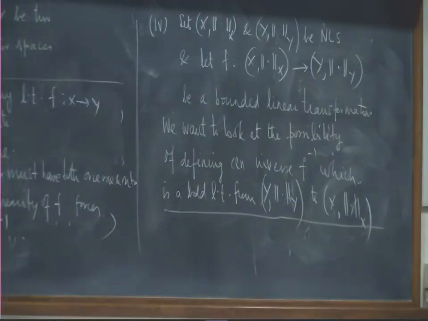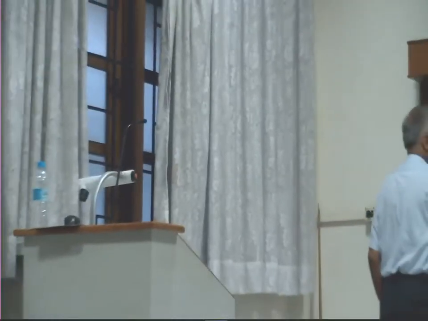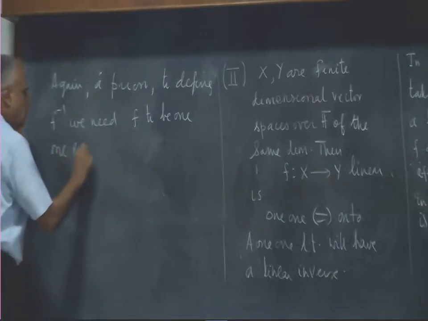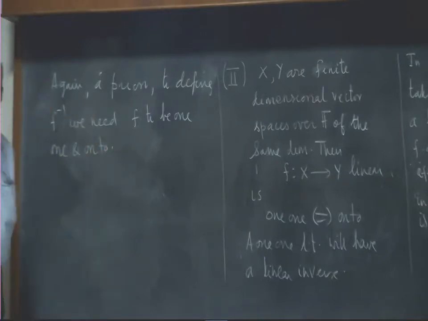So let me now write somewhere. I have exhausted all the boards, I will get back to the first board. Again, a priori, to define f inverse, we need f to be 1-1 and onto.